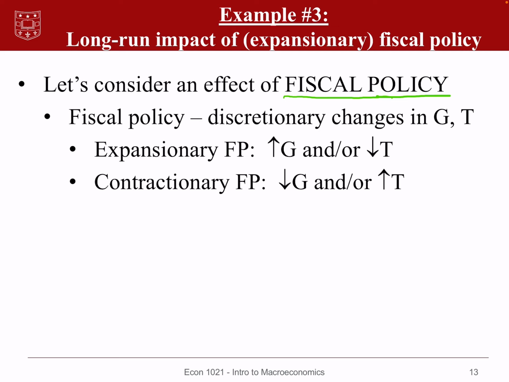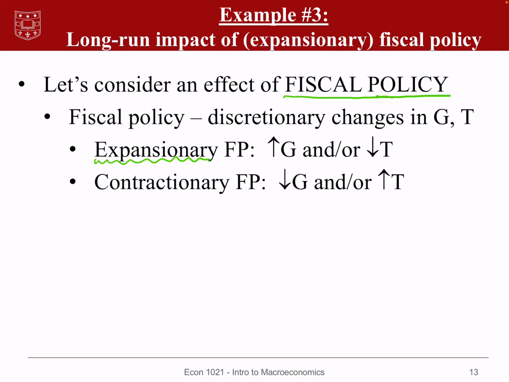And so when we refer to expansionary fiscal policy, we're referring to situations in which either government expenditures rise or taxes fall. And why is this referred to as expansionary? This adjective is going to come into play when we talk about the macroeconomy in the short run. What we'll argue is that more government spending or lower levels of taxes will have an expansionary impact on gross domestic product, and by definition reduce the output gap.